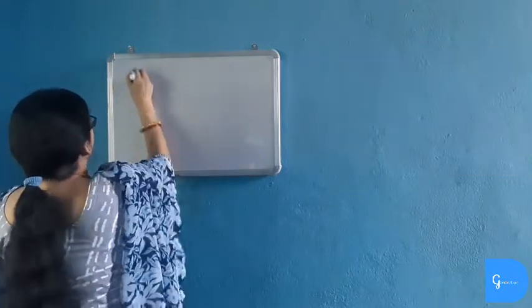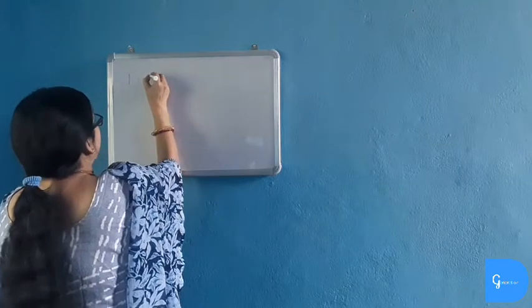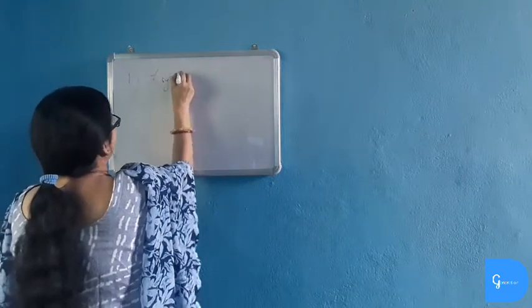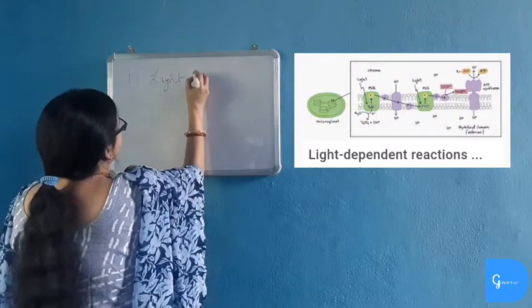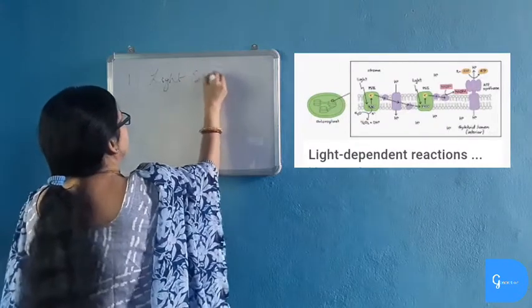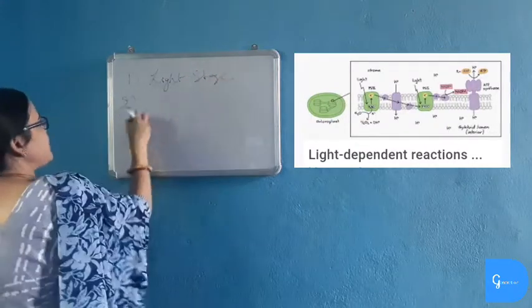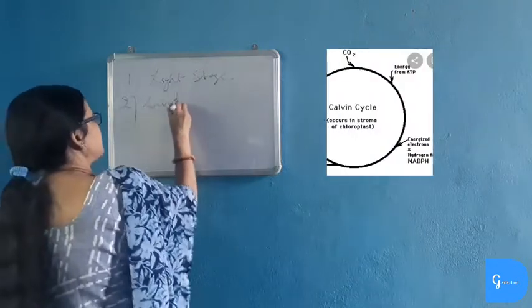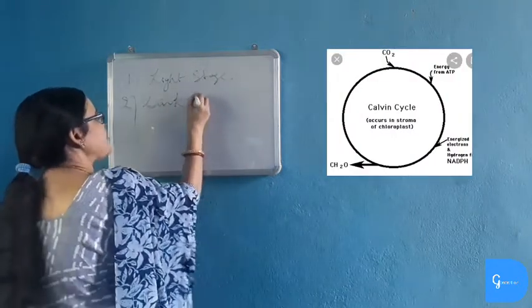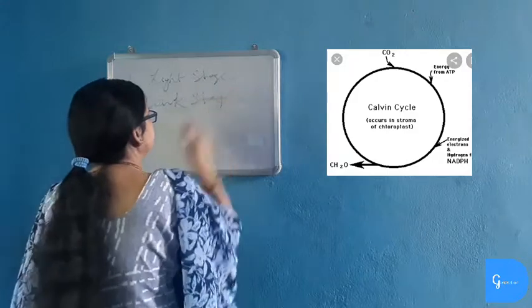So photosynthesis takes place in two phases. First phase, the light phase or photophosphorylation stage, and the second stage is dark stage, which is also known as carbon dioxide fixation stage.